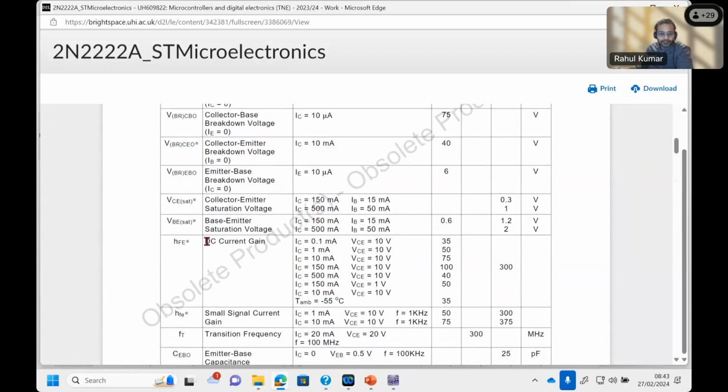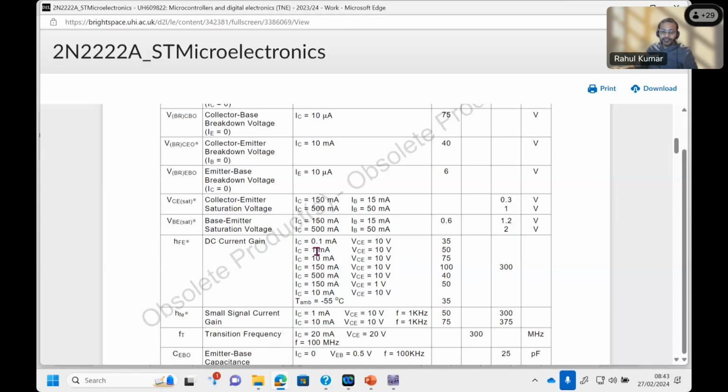So we are looking at the DC current gain because we are applying a DC voltage at the input, and we are interested in how much amplification or gain we will get at the output. That DC gain depends on the value of IC, the collector current.